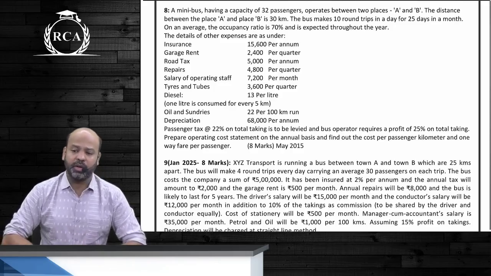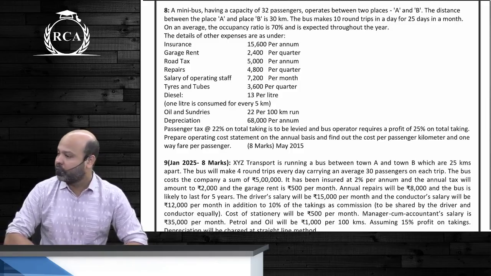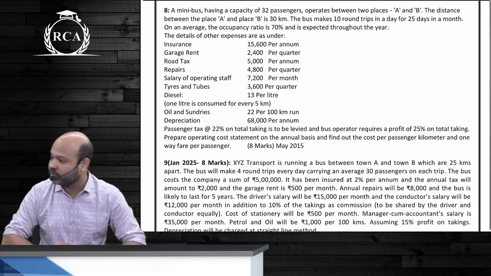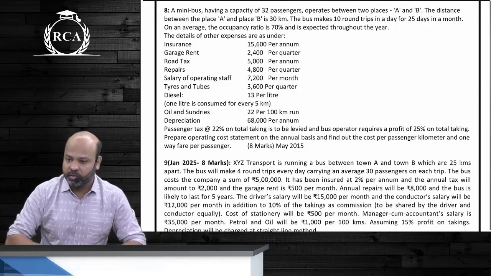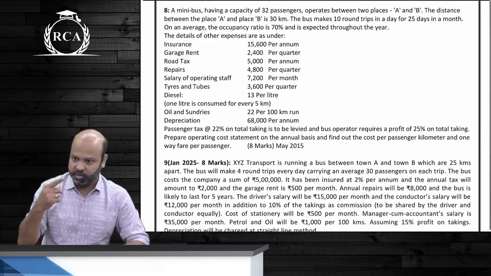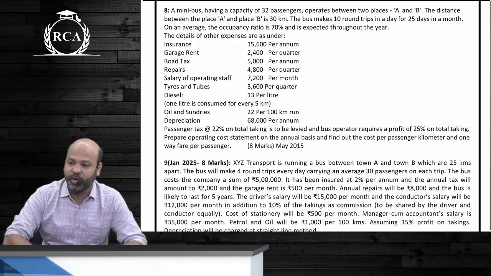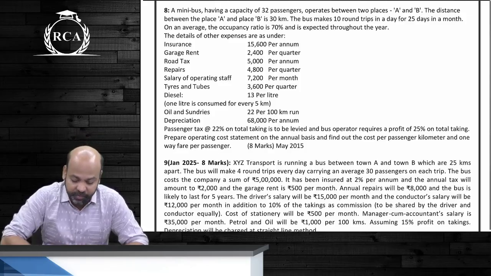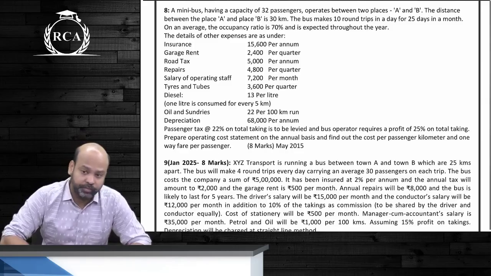So the calculation will be simple. They will take the total revenue to be X rupees, total collection to be X rupees. That X rupees includes a passenger tax of 22%. That is 0.22x. So the leftover amount is 0.78x. The bus operator requires a profit of 25% on total taking.